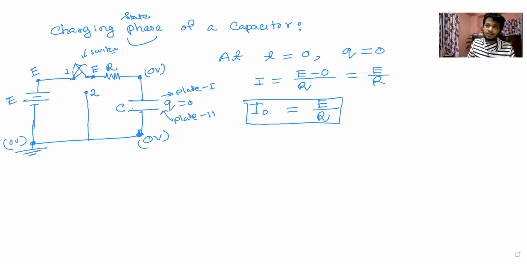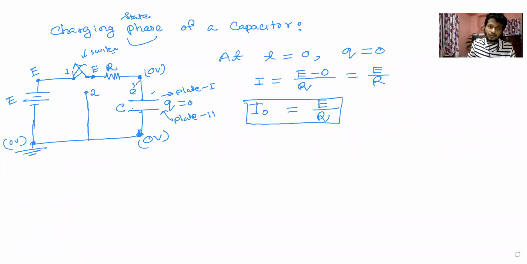The positive terminal of the battery will attract electrons from this plate 1, isn't it? Negative charge means electron. So the electrons from plate 1 will get attracted towards the battery. That means negative charge will start flowing.